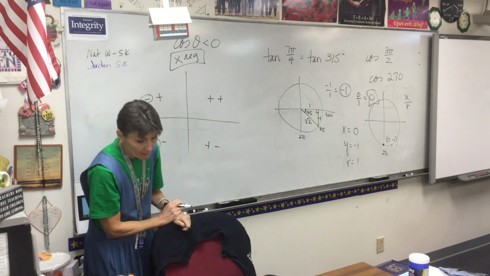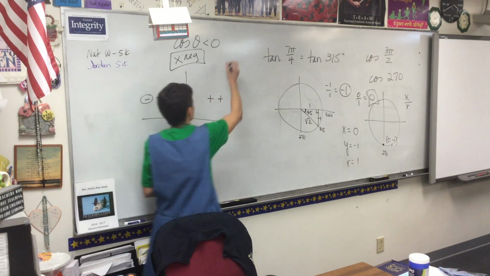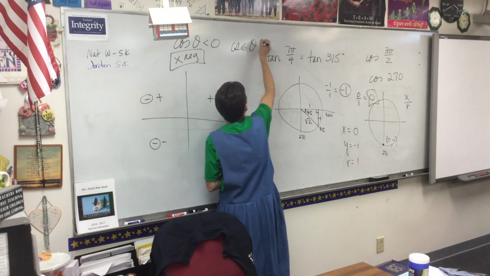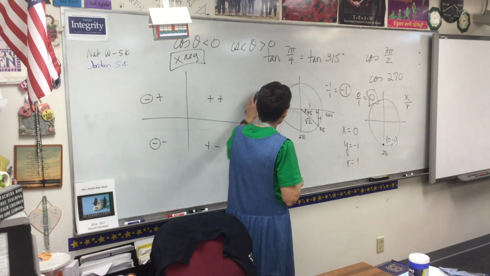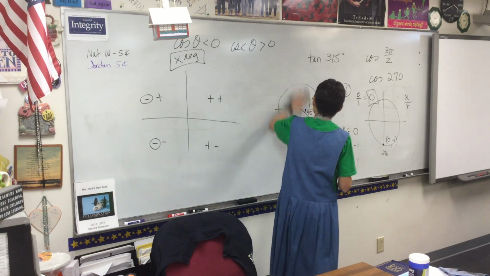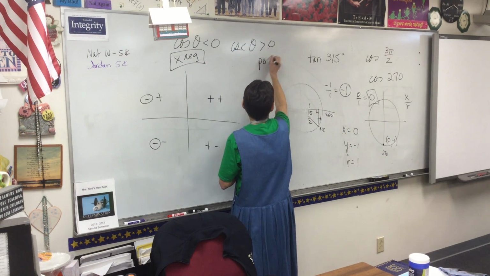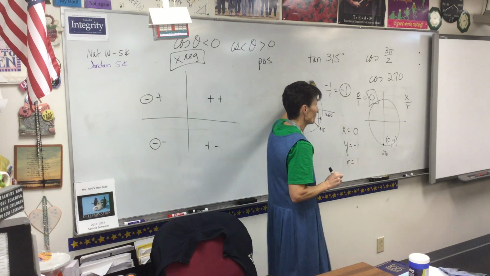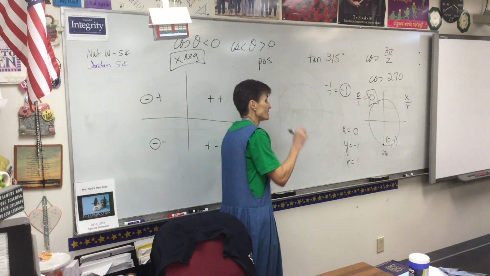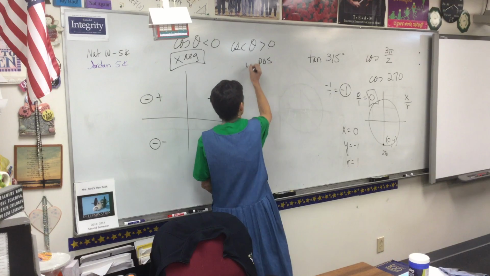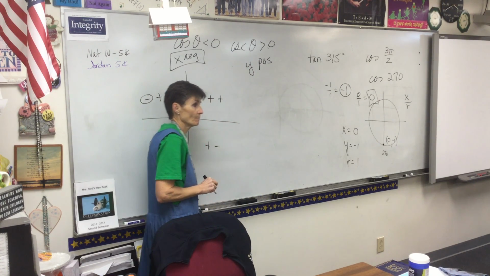Now we need cosecant to be positive. Cosecant is the reciprocal of sine. Sine is Y over R, so I need Y to be positive.